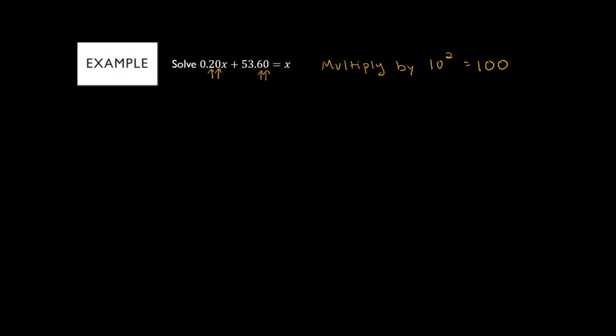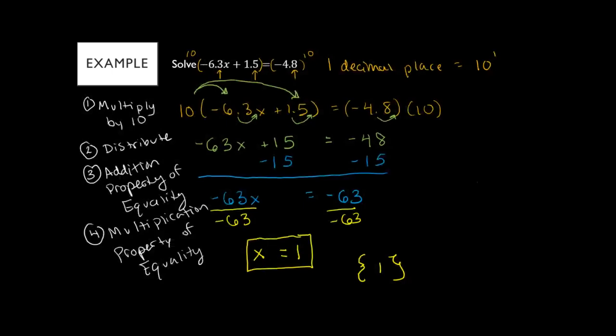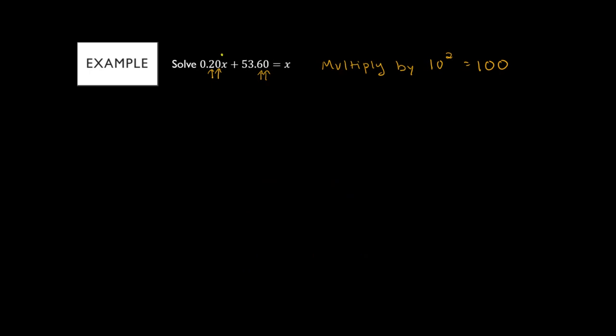So an alternate way of showing this, if you don't want to show it like I did here, where I wrote the 10 and then put the stuff in parentheses, is you can also just do it each individually because you're multiplying everything by 100. So you can kind of write it out that way to yourself.